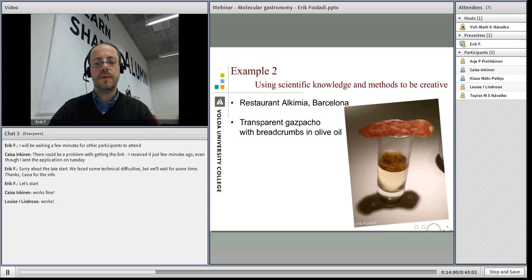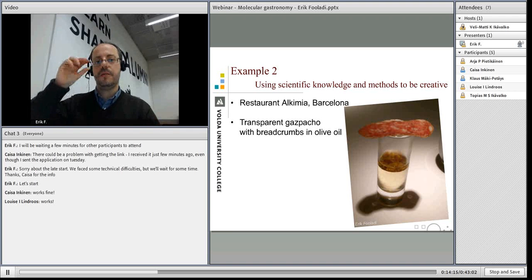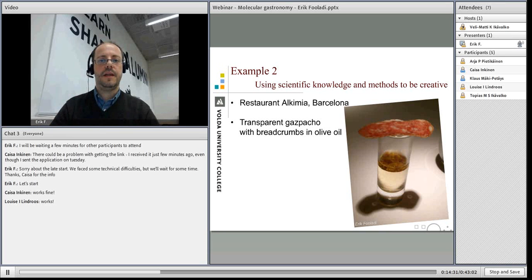On the upper layer, the brown one, is olive oil with breadcrumbs. And the breadcrumbs were crunchy. And they were floating in the oil. So whenever you took a sip of this, you would get soup and a little olive oil and a few breadcrumbs. So you would have a tomato soup with olive oil and crunchy breadcrumbs every time you took a sip. And you could sit there for several minutes, and the breadcrumbs would still be crunchy. The olive oil would be on the top.